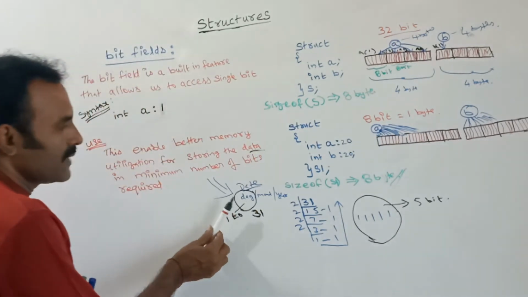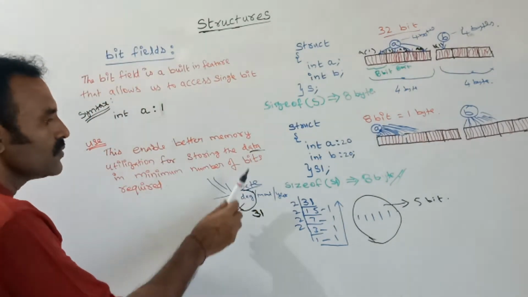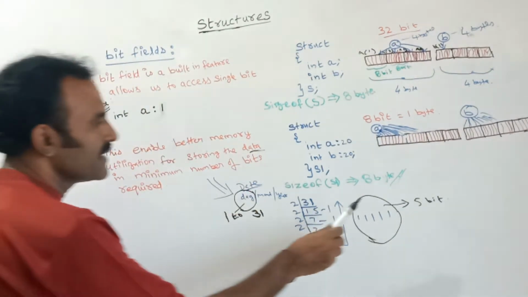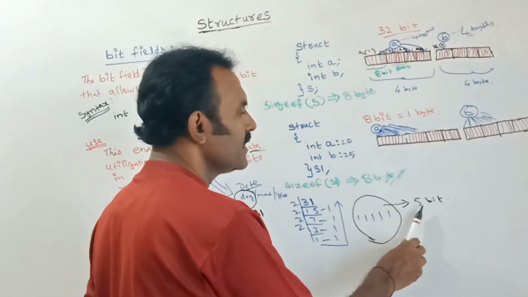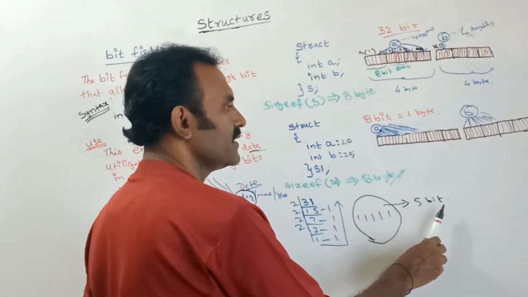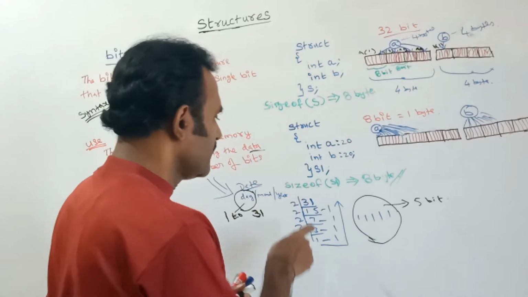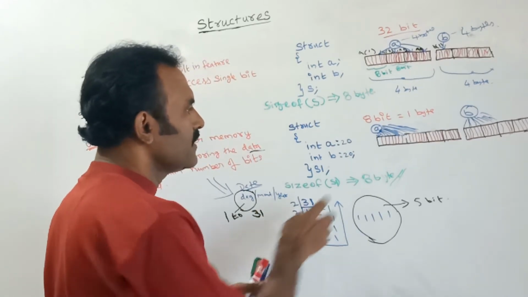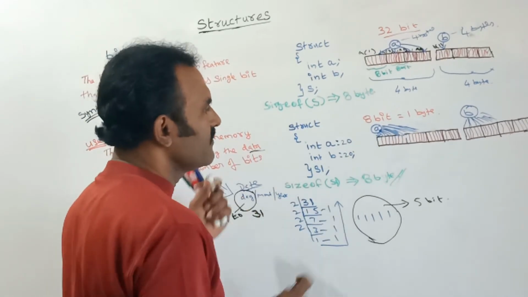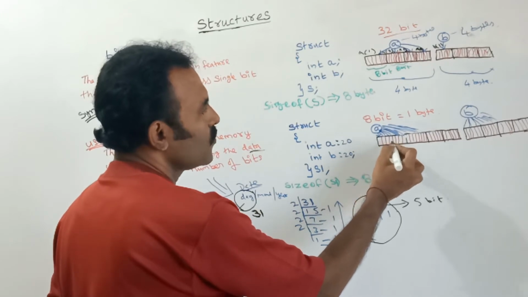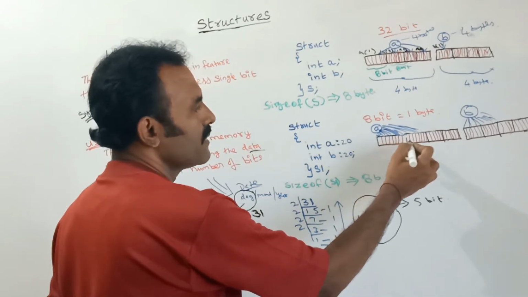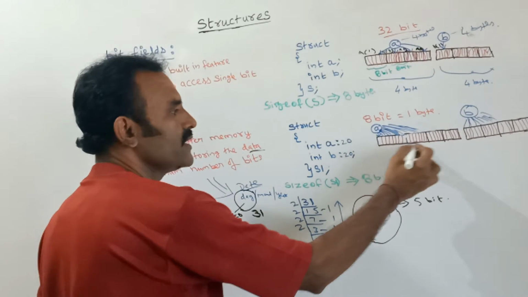See, for the day I am telling, suppose I need to store the day of the date, here at maximum 5 bits were enough for me. If I am storing this 31 in the memory, in each and every location it will occupy ones or zeros. Binary digits only will be stored in the memory.